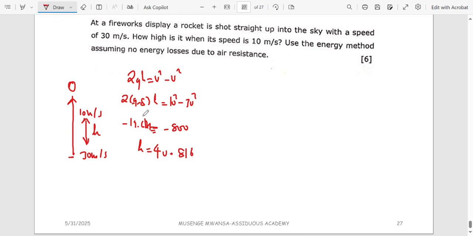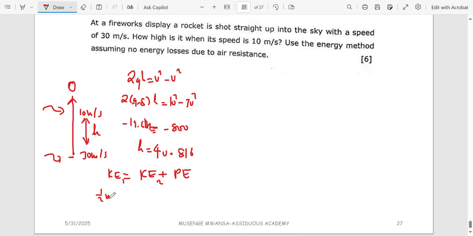So using energy methods, at the bottom, the only energy we have is kinetic energy. And as the mass goes upwards, at the maximum point we are taking, we still have some kinetic energy, but we also have potential energy because we are at a certain elevation.